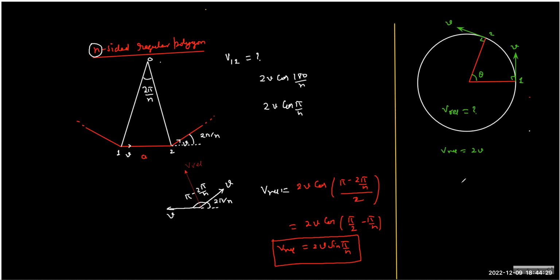What is the angle between these two tangents? This is 90, this is 90.